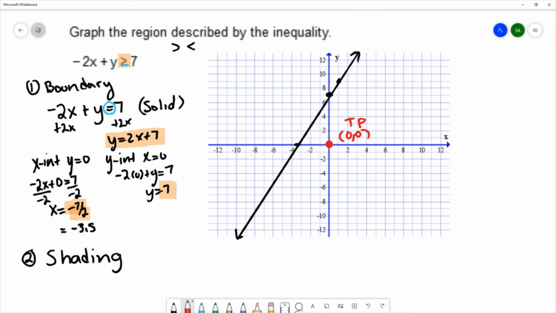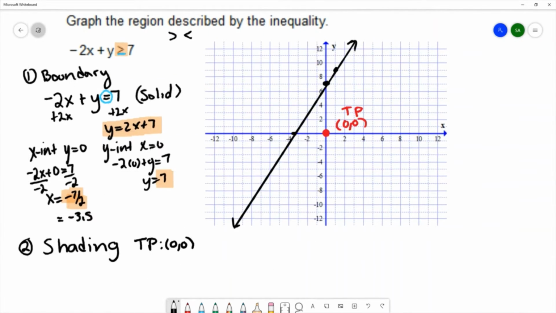And you're going to substitute that test point, your test point of 0, 0, into the original inequality that was given. So negative 2x plus y is greater than or equal to 7. So if I substitute that test point into the inequality, I'll have negative 2 times 0 plus 0 is greater than or equal to 7.